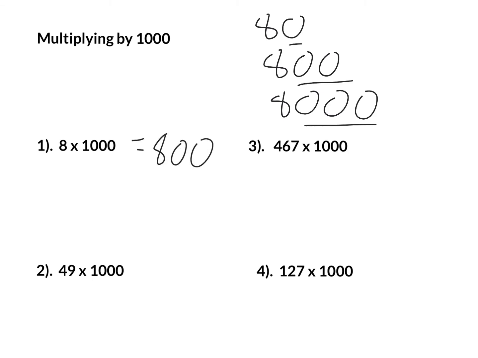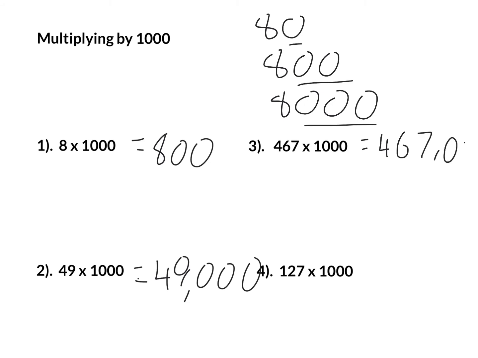So the next one, 49 times 1,000. If I remember what I did up here, I added 3 zeros at the end, 1, 2, 3, because I'm making the number 1,000 times bigger. 49,000 is the number. 467 times 1,000 means you've got 467,000. 127 times 1,000 is 127,000.